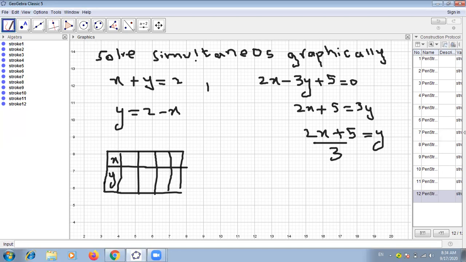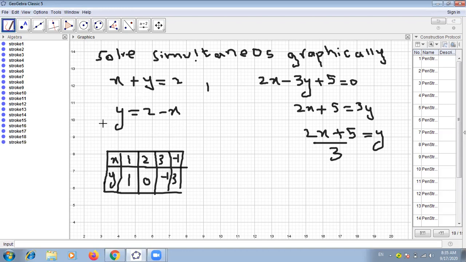If I place 1 in position of x, I get the value of y as 1. If I place 2, I get 0. And if I place 3 in place of x, I get minus 1. And if I place minus 1 in position of x, I get 3. So these are the ordered pairs of this equation.